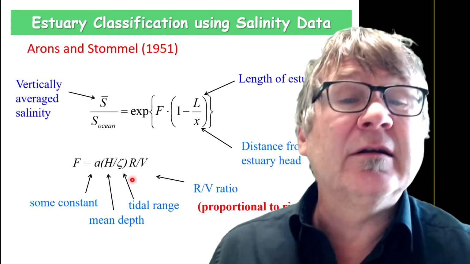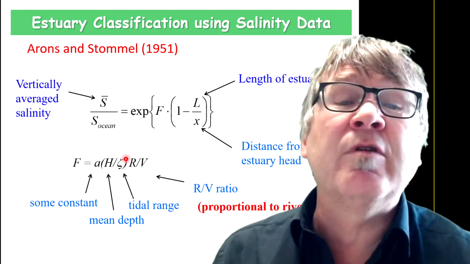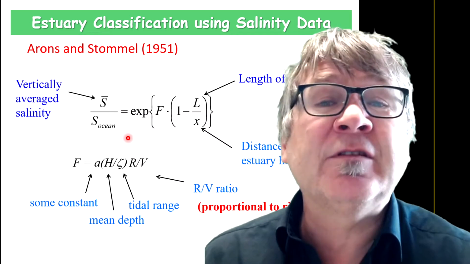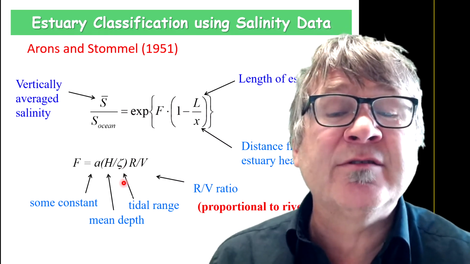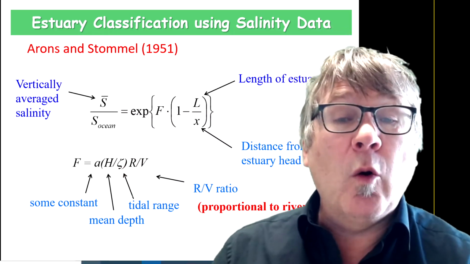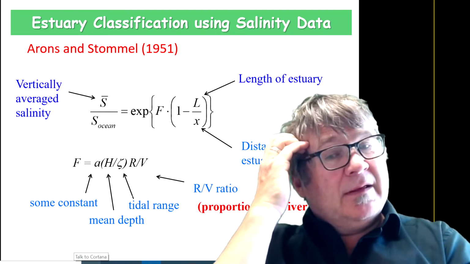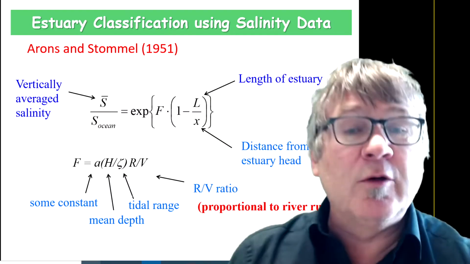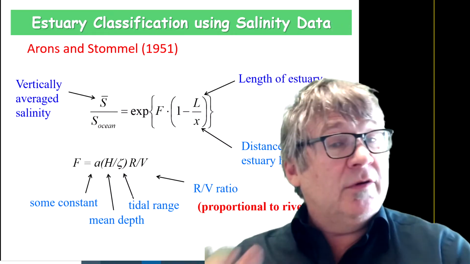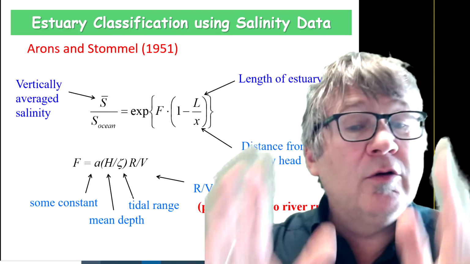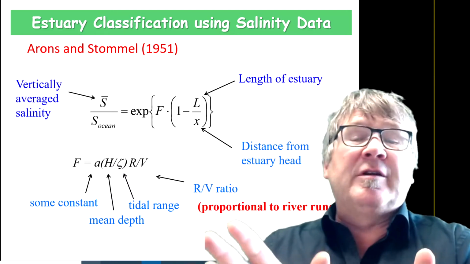So R, the amount of river runoff into your estuary, controls the shape of the salinity distribution in your estuary. Wow. So if you see an equation, don't freak out, don't run away. Well, you can run away, but you have to come back, look at it, and try to master it.